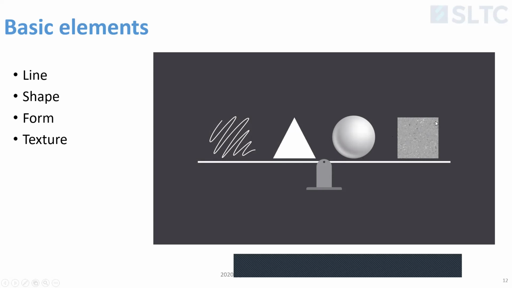And the last one looks like it has some concrete in it. So that is called a texture. Texture has a concrete or a wooden or cement look or whatever, right? So these are called the basic elements.